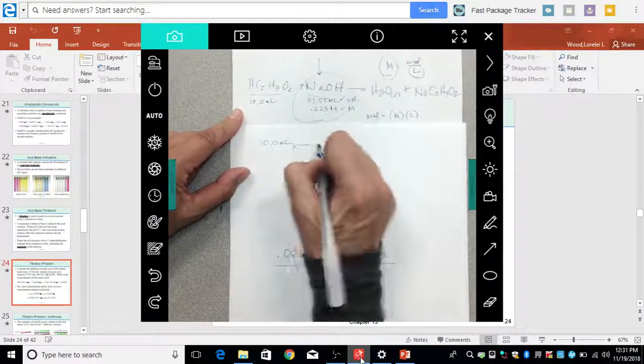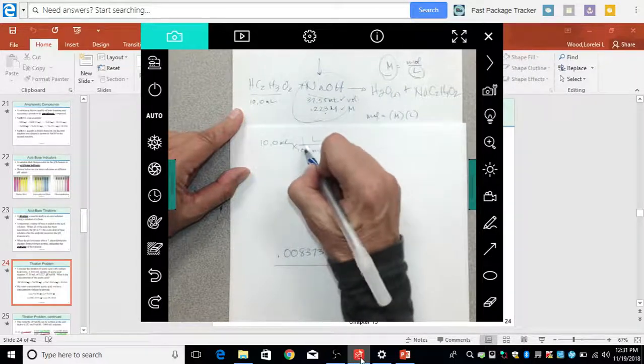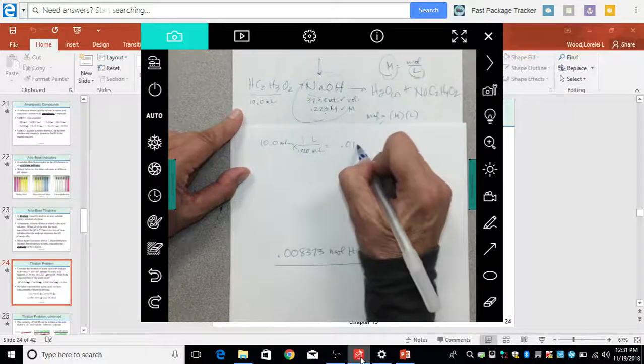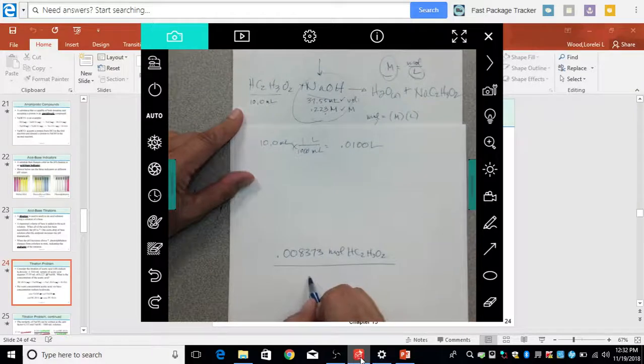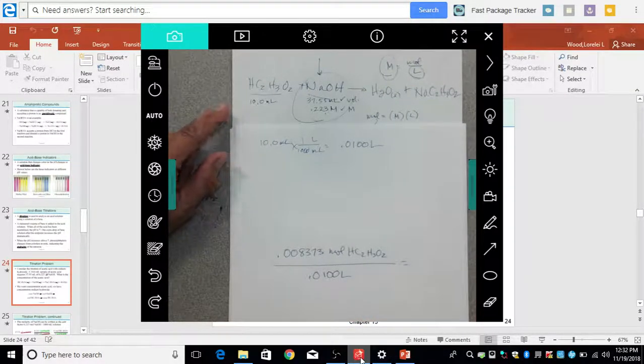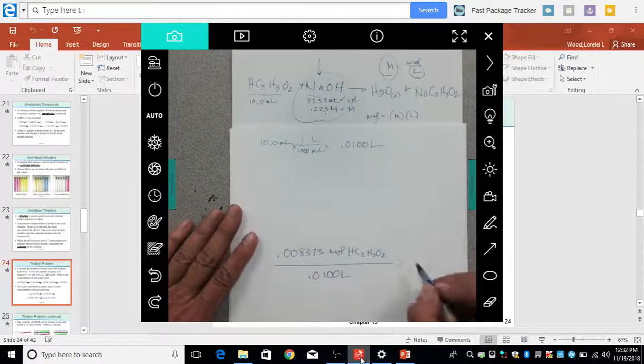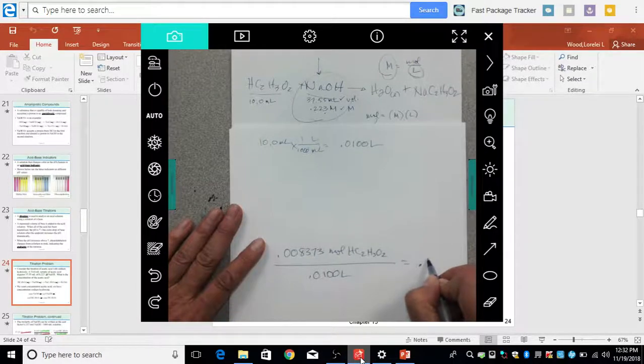I got to change it to liters, right? So 0.0100 liters. Somebody with a calculator. I'm not good at dividing fractions. It's probably something like 0.8 maybe. Yeah, you just take off the 2 zeros. So it's 0.8373. Okay, what are my units here?